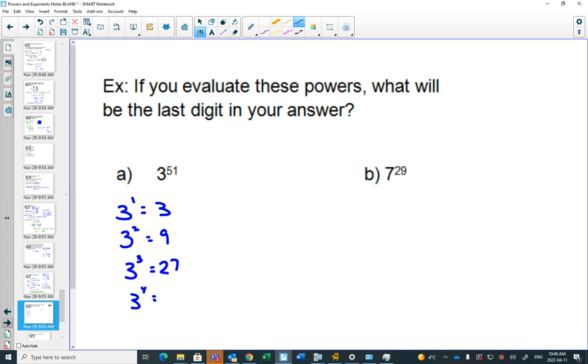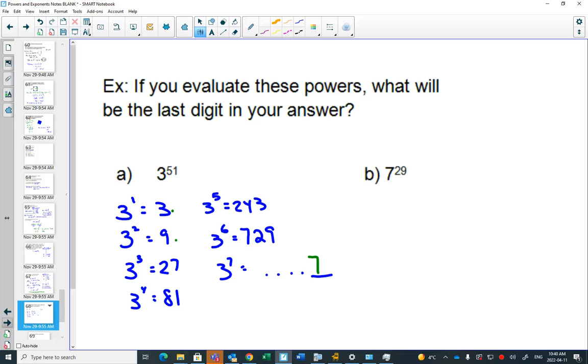And 3 to the 4, you get 81. 3 to the 5, you get 243. 3 to the 6, you get 729. 3 to the 7, what do you think the last digit is going to be? It's going to be a 7.